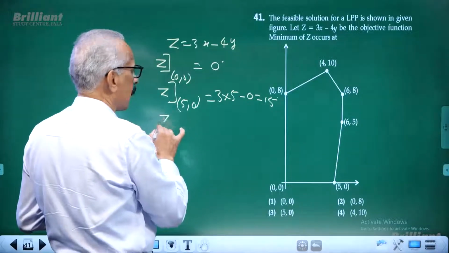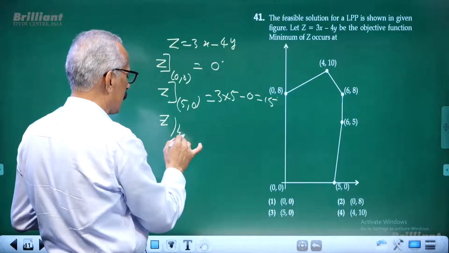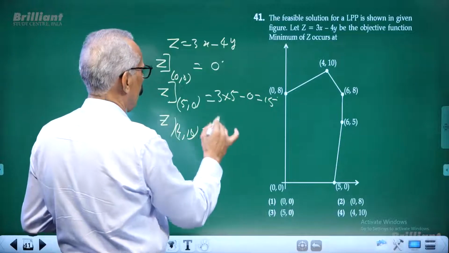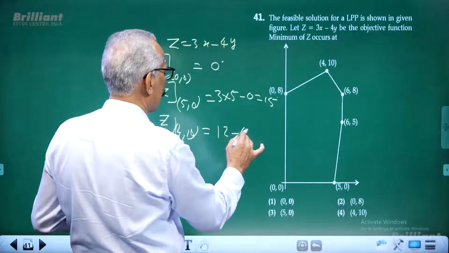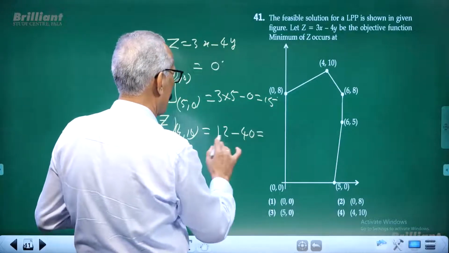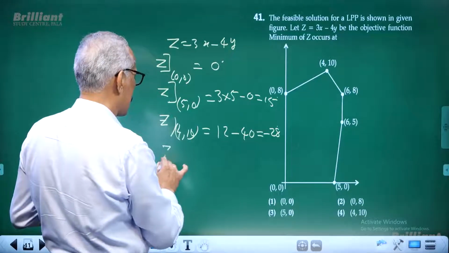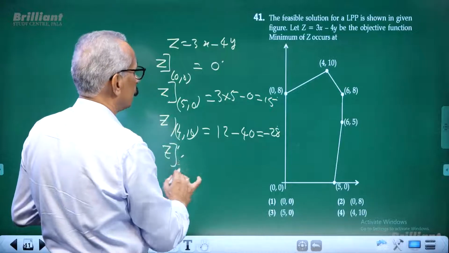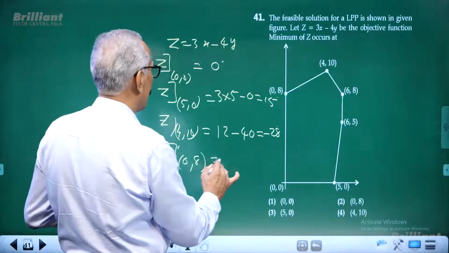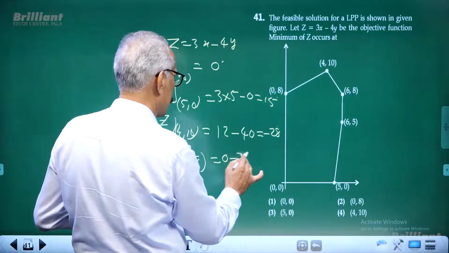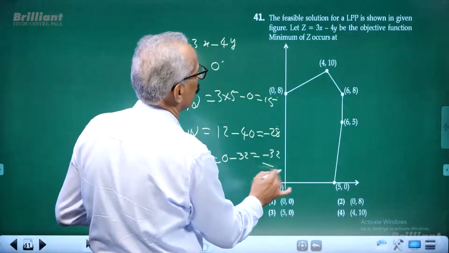At 4 comma 10 it will become 12 minus 40, that is minus 28. At 0 comma 8, it will become 0 minus 32, that is minus 32, still smaller.